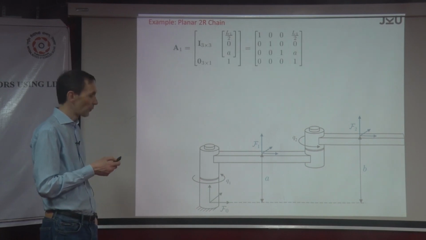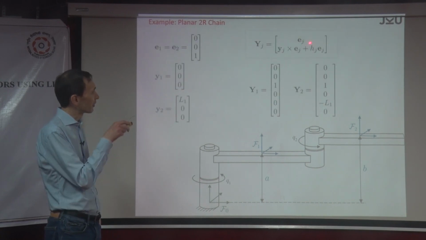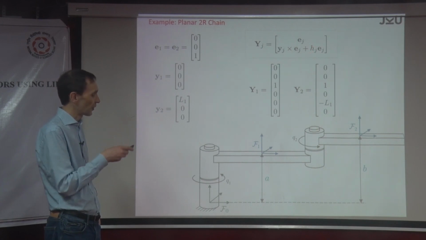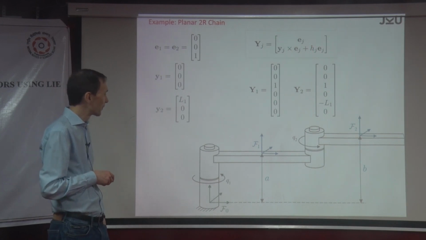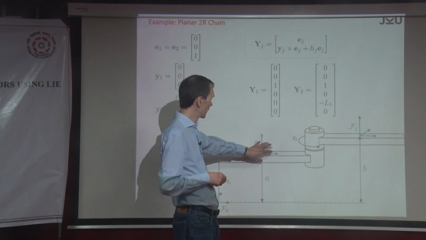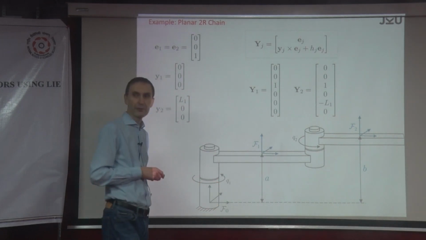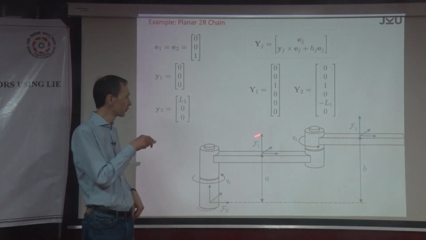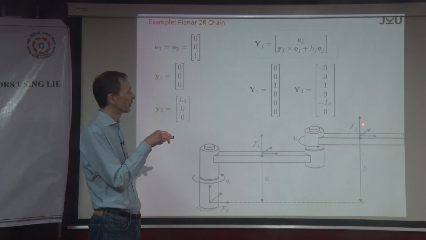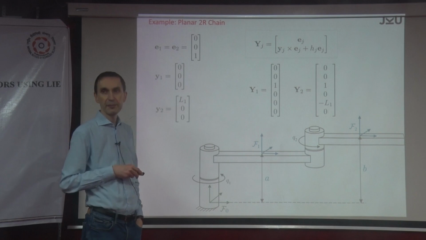So what else do we need? By the way, the pitch is 0, right, because you have revolute joints. What else do we need? We need the zero reference pose of the F1 frame and F2 frame relative to the space fixed frame.